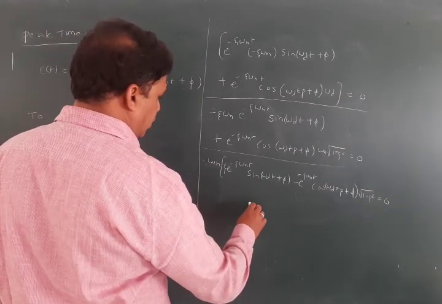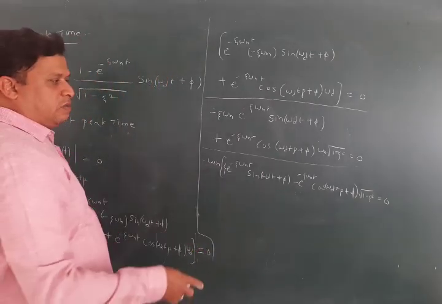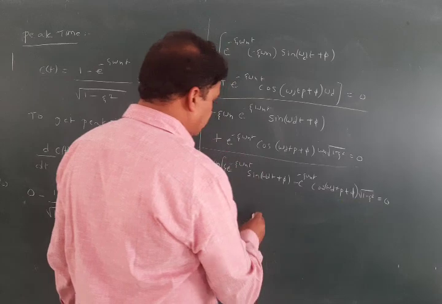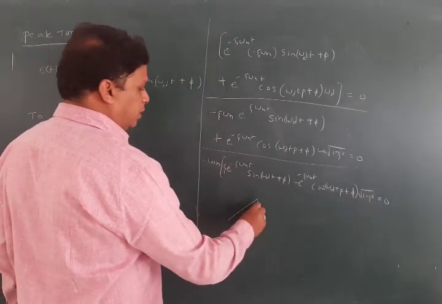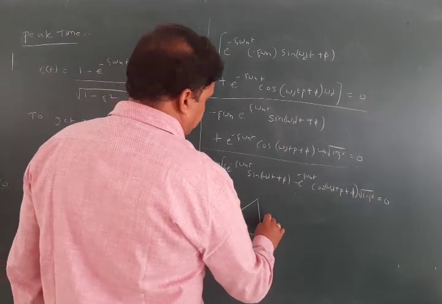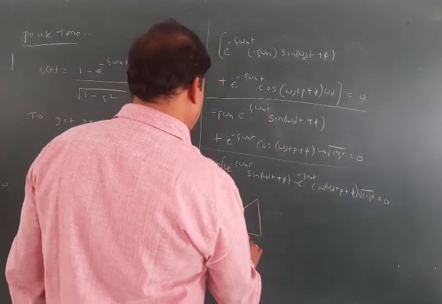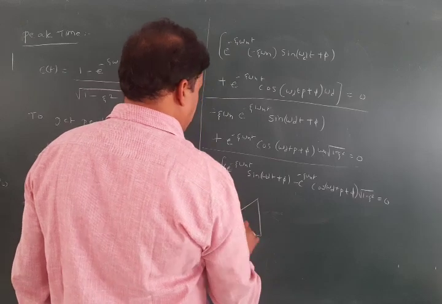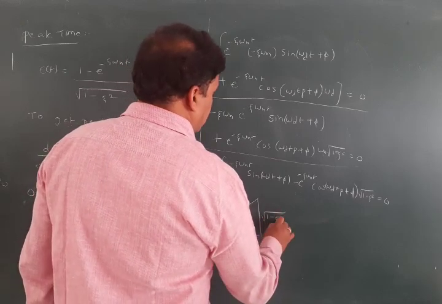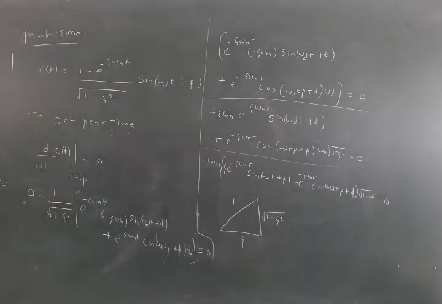By using the Pythagoras theorem, we will find the values of zeta and square root of 1 minus zeta square. So if you assume like this, if it is zeta and it is 1, it becomes square root of 1 minus zeta square.